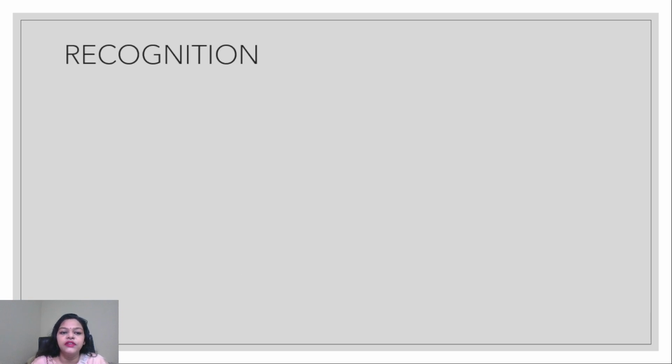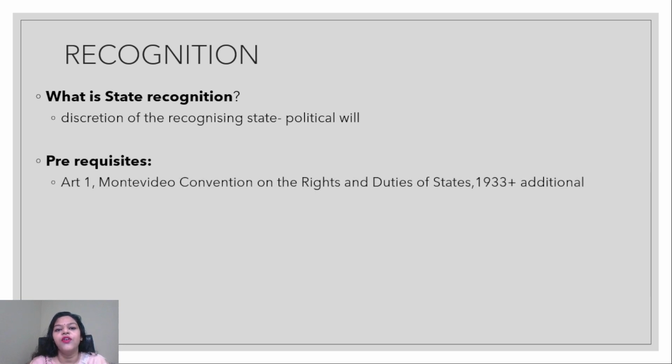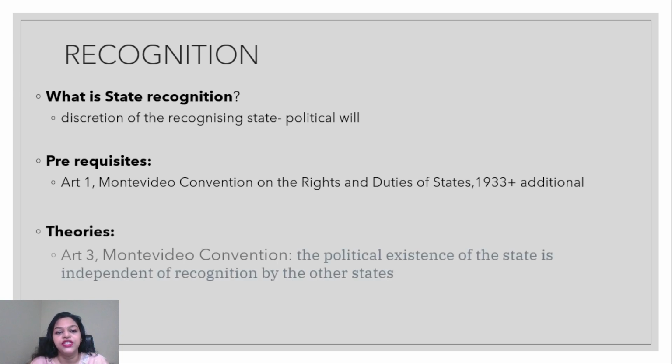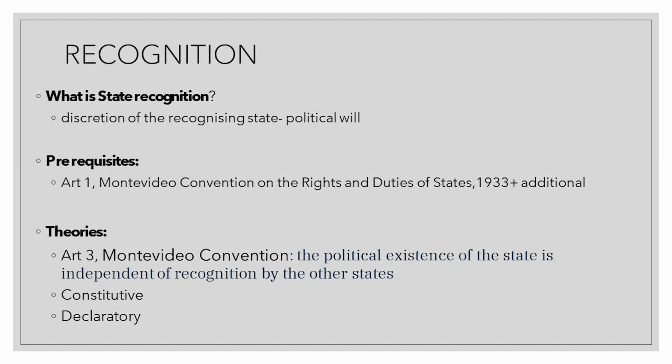Let us start with the meaning of recognition. So what is state recognition? State recognition, as the name suggests, is recognition of a state as a state in the eyes of international society. That means that whenever a state is formed, a state may be formed as a new state, a state may be formed by division of an existing state.